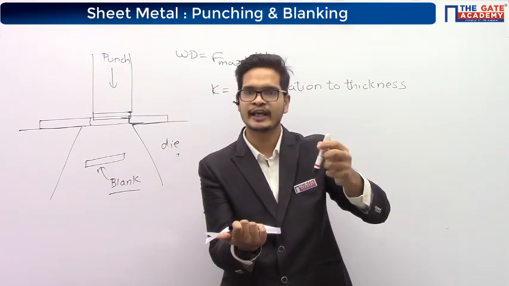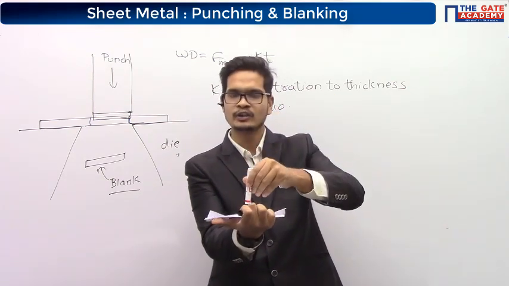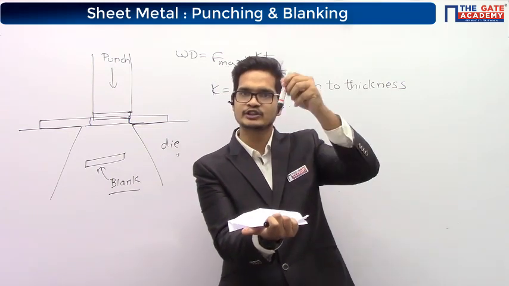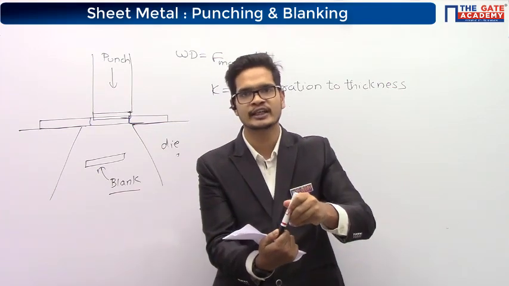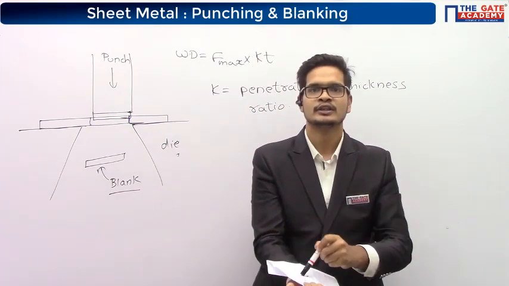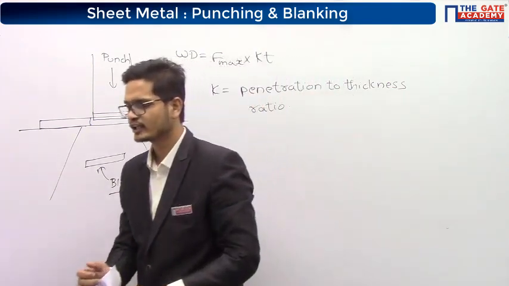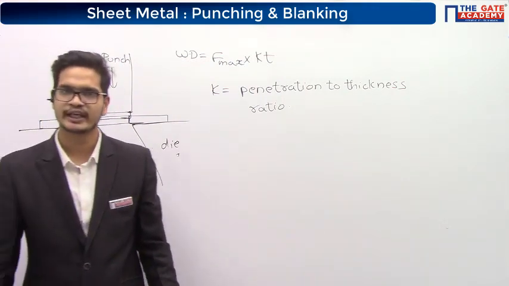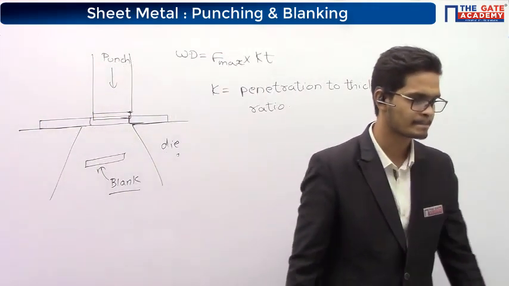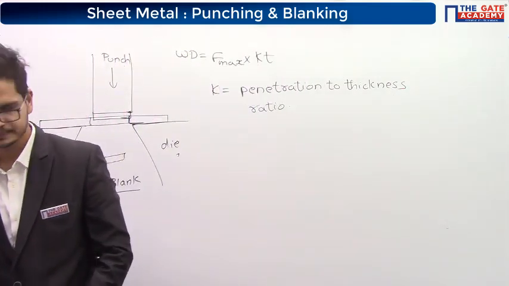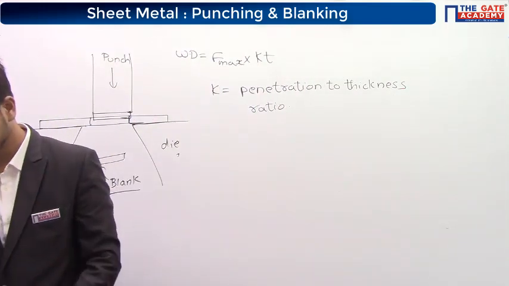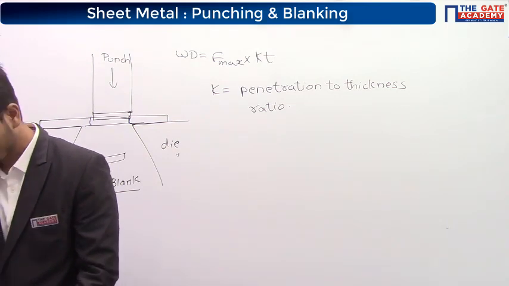And in the second case, I am trying to make the hole when there is no cap. So first case is with cap, second case is without cap. In which case do I require less force? Please tell me. Without cap, right? Without cap I require less force.